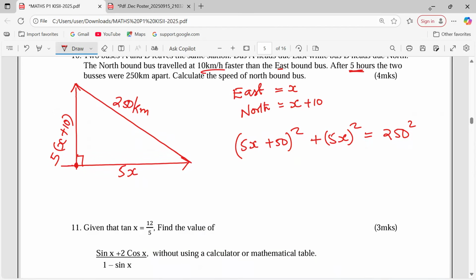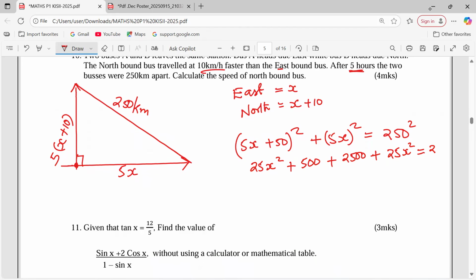So 5x squared gives us 25x squared, plus 2 times 5 times 50, giving us 500, plus 2500, plus 25x squared equals 250 squared.